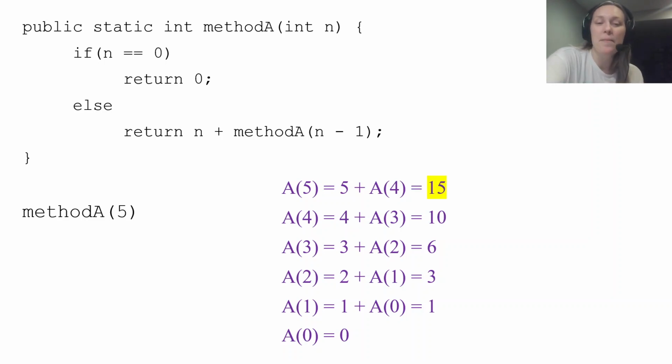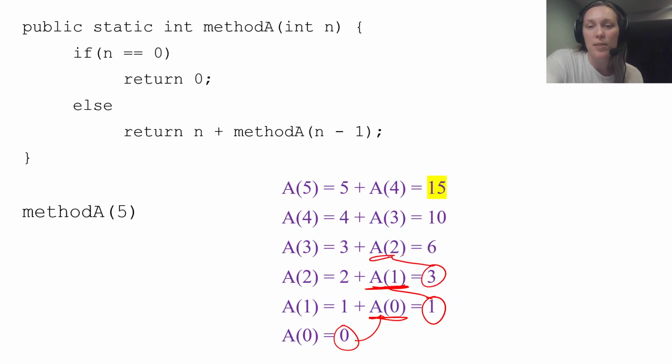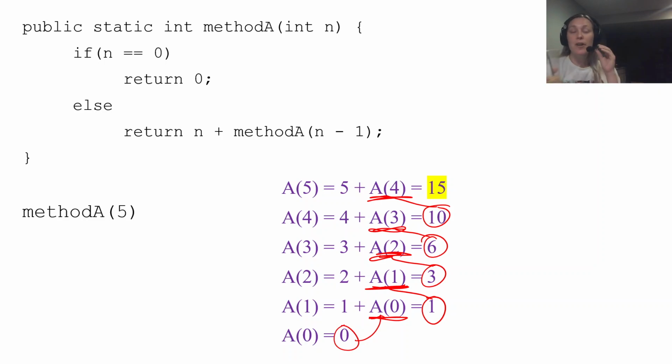So you take this and you substitute it back in, then you take this and you substitute this, then you take this and you substitute this, right? It's like a little chain where you substitute all of those back in for those functions, for lack of a better word. So your answer here, method A of 5, with an input of 5, will return 15.